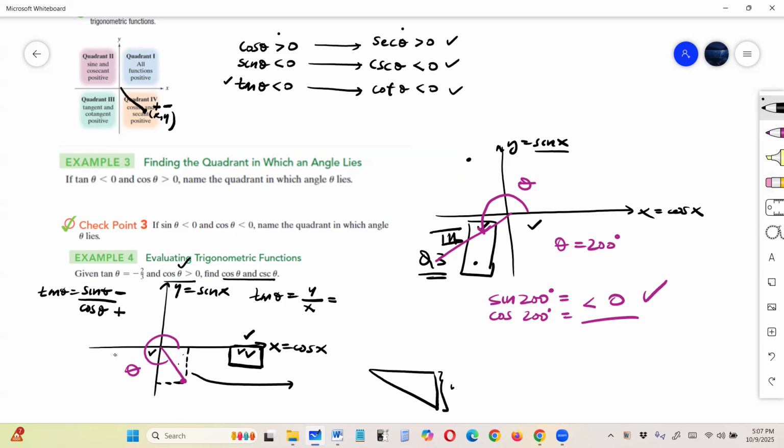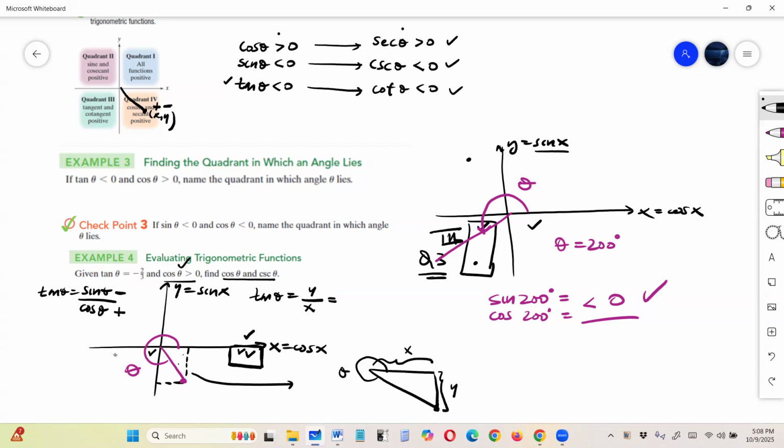This is the y segment. This is the x segment. And here's my angle. Now, the point right here is, well, what is it? It's the y coordinate and the x coordinate, but tangent is y over x.